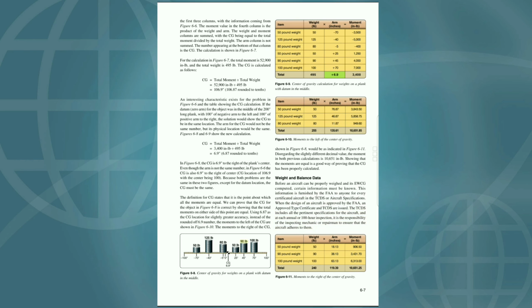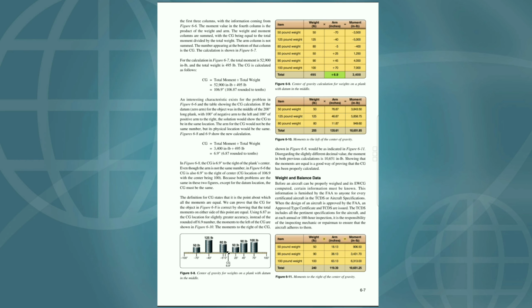90 pounds, 100 pounds, 80 pounds, 50 pounds, 50 pounds, 125 pounds. Weight, pounds: minus 100, minus 70, minus 40, minus 5, 0, 25, 45, 70, 100. CG 6.9. Item: 50 pound weight, 90 pound weight, 100 pound weight. Total: 50, 90, 100, 240.